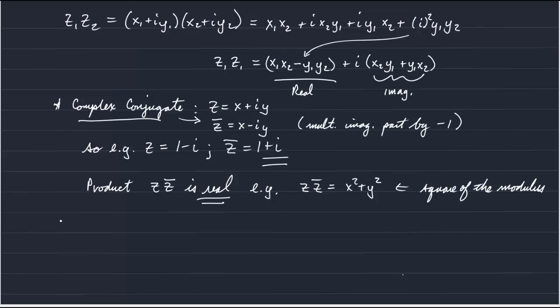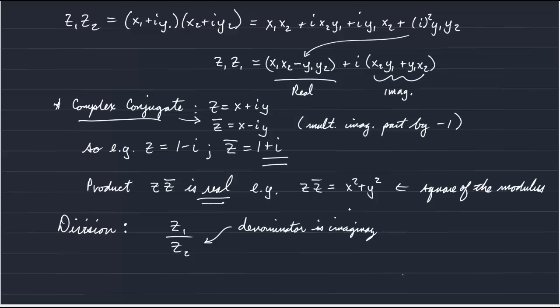Now let's look at division. Let's consider the quotient of z1 divided by z2. You'll note that the denominator is complex here, and we don't know yet how to deal with a complex denominator.